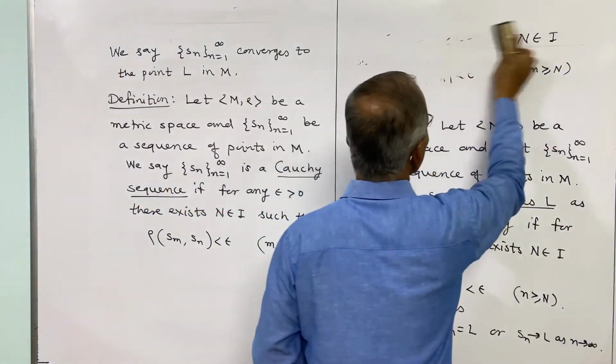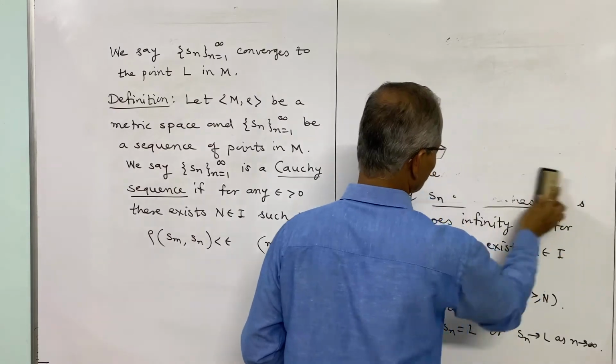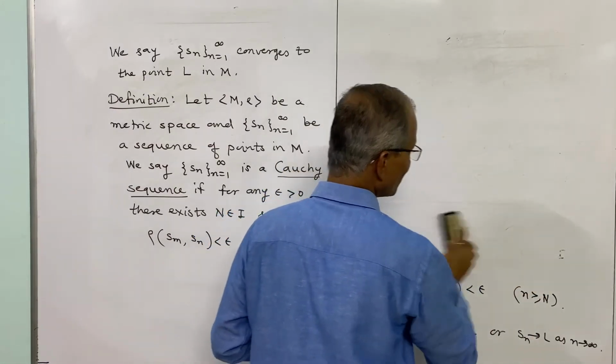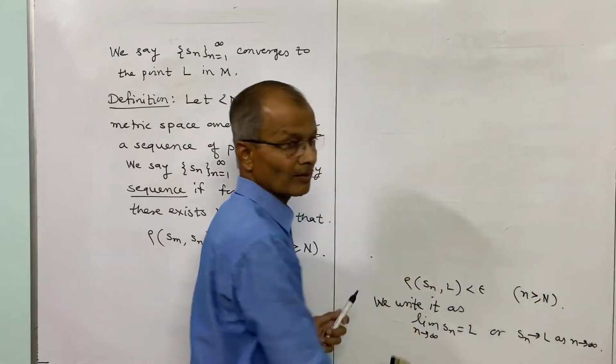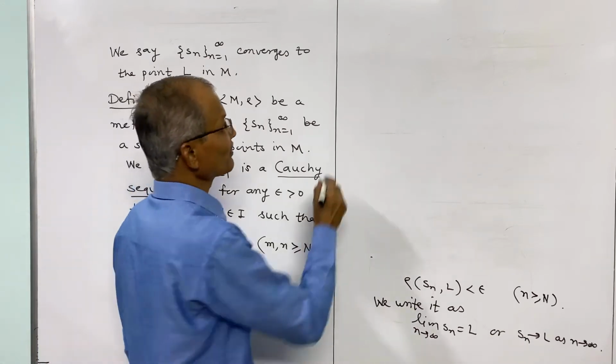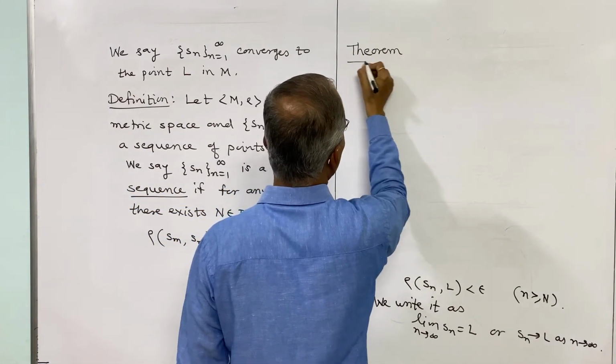Now there is a result that every convergent sequence is a Cauchy sequence. Now we write that result. We have proved that result for sequences of real numbers. Now here we will prove that result in a metric space. And this will be a theorem.